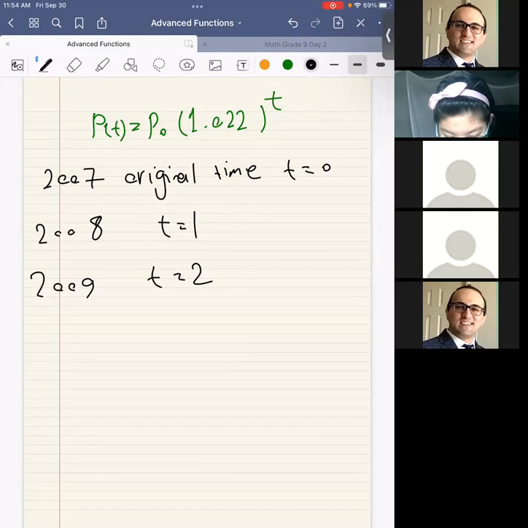So for example, what is the population at 2010? That is P of 3.